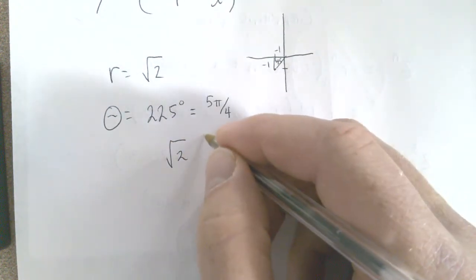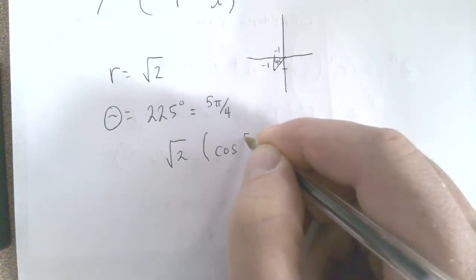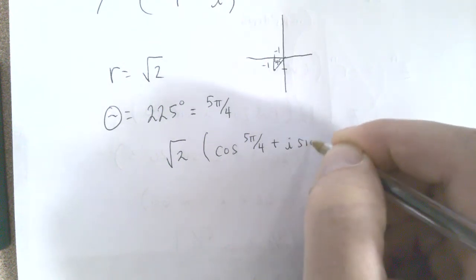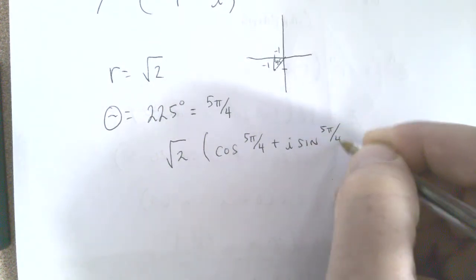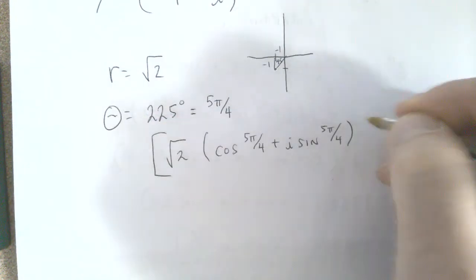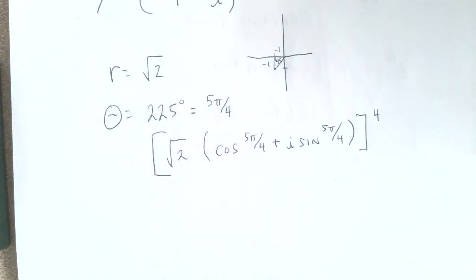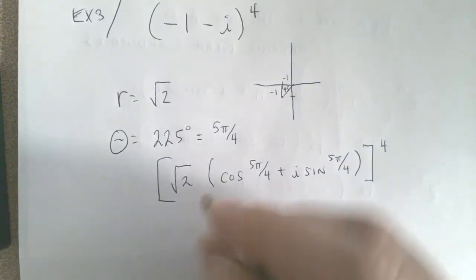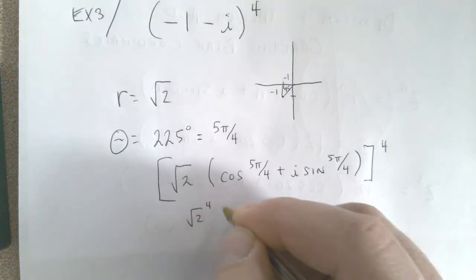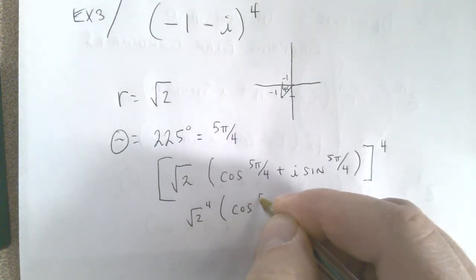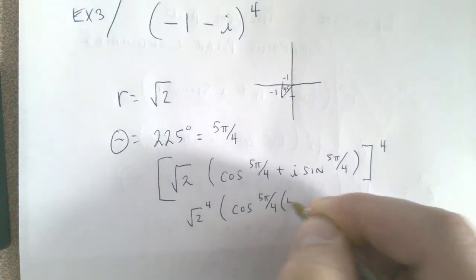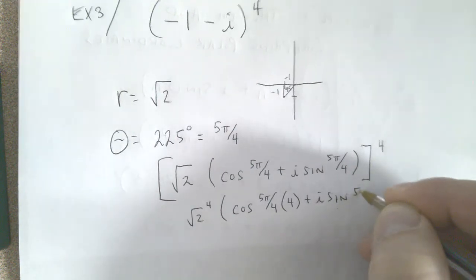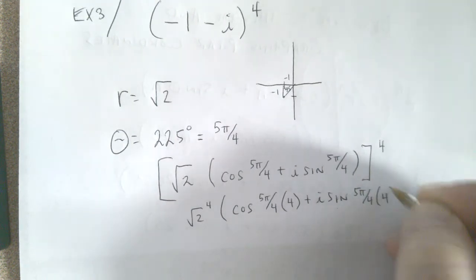So the radius is radical 2. We've got the cosine of 5 pi fourths, or 225, plus I sine of 5 pi fourths. Now we're taking that whole thing and raising it to the fourth power because of our original problem. So we get radical 2 to the fourth power, the cosine of 5 pi fourths times 4, plus I sine of 5 pi fourths times 4.